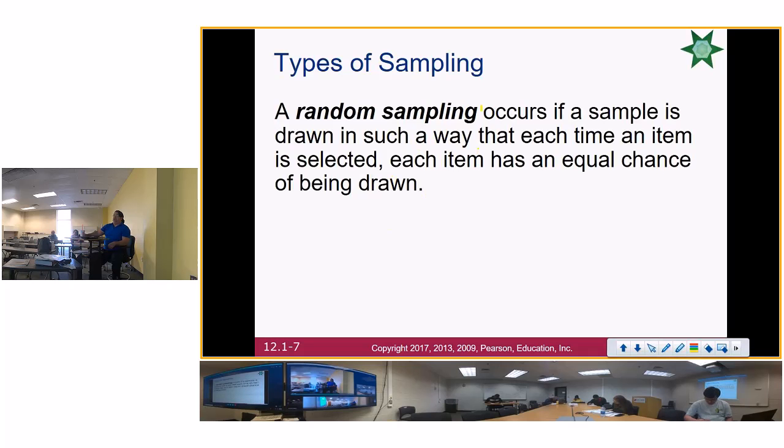For instance, if I was to take each one of y'all, give y'all a yellow Post-it note, tell you to write your first name and last name on it with a red pen, and I tell you to fold it in half and put it in a punch bowl, is that a random sample? Yes.